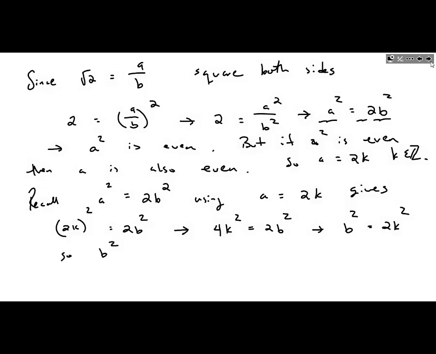So b squared is also even. But if b squared is even, then b is also even.